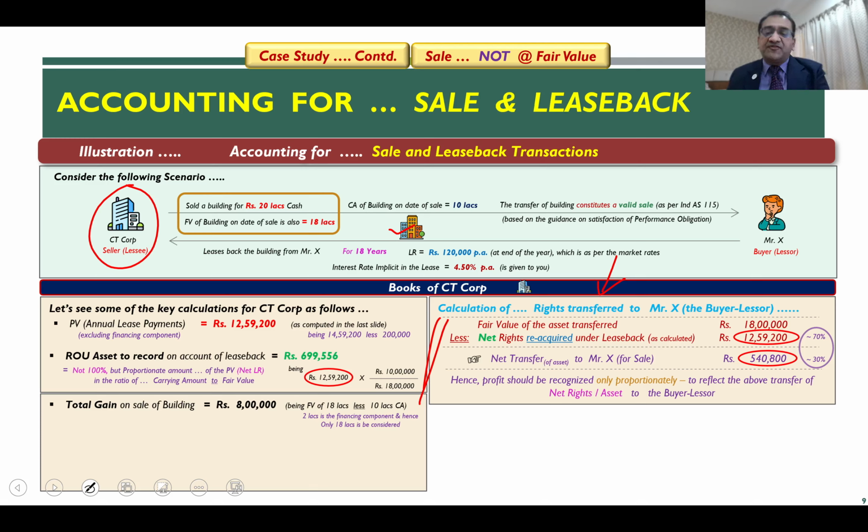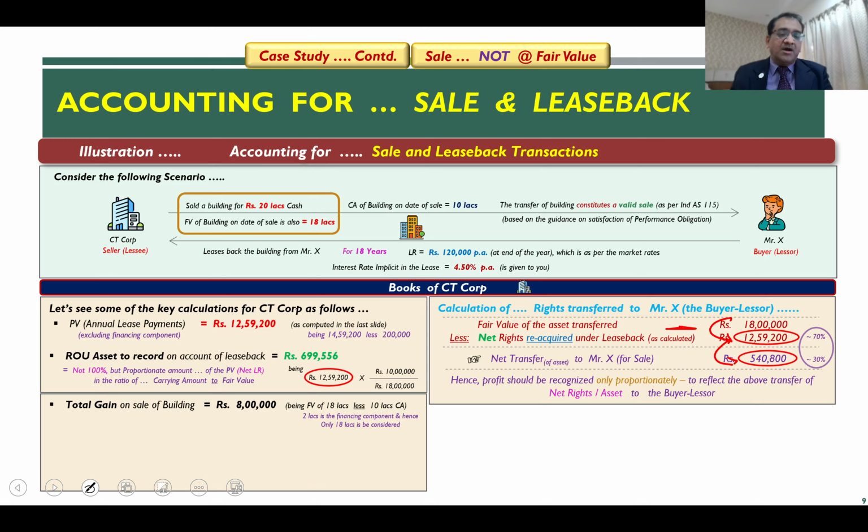So, if the fair value of the asset transferred is 18 lakh rupees, out of which 12,59,200 is what you have effectively retained, net of the financing component of 2 lakhs, then what you have actually transferred to Mr. X is 18 lakh minus 12,59,200, representing 5,40,800.